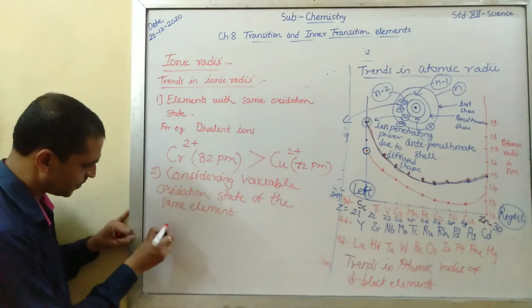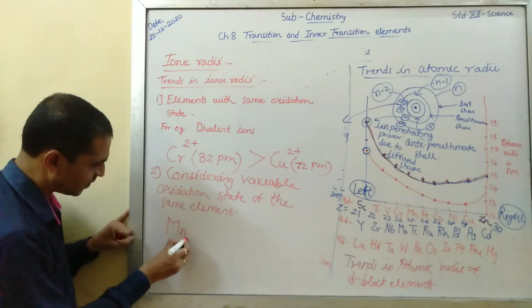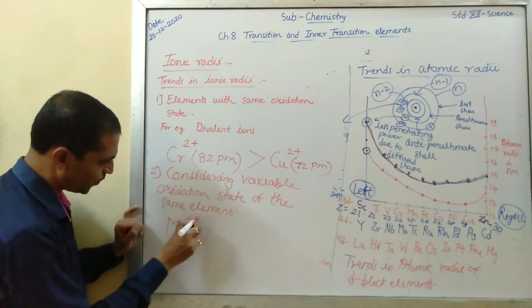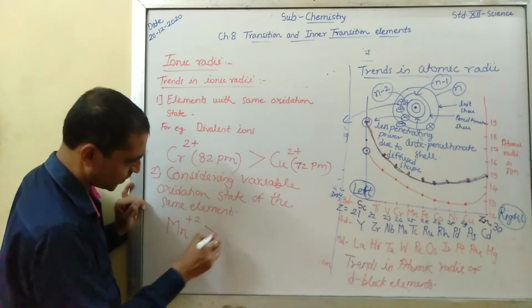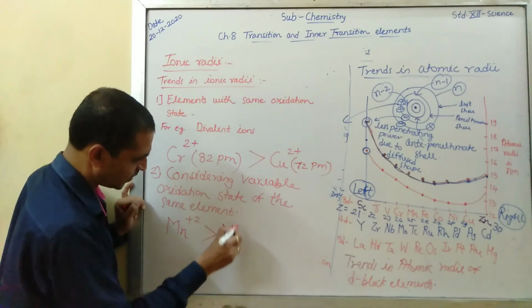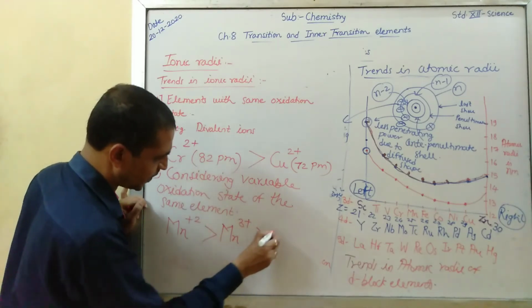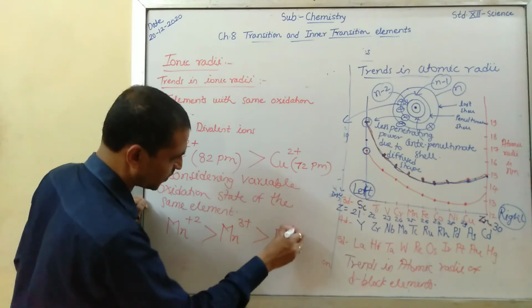If we consider manganese 2 plus, it has more ionic size than manganese 3 plus, then manganese 4 plus.